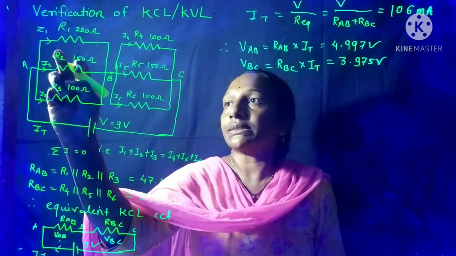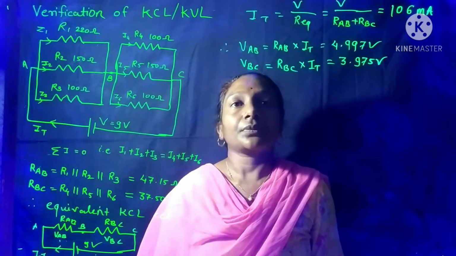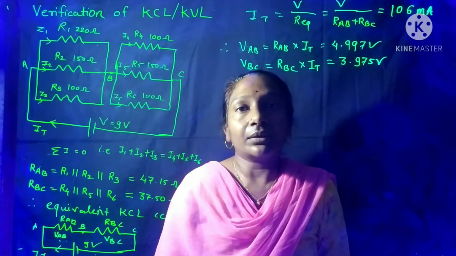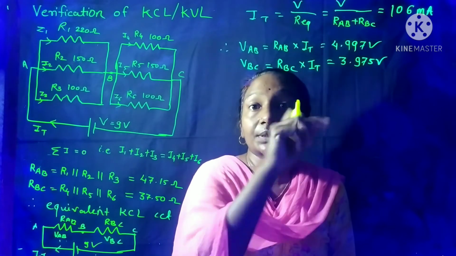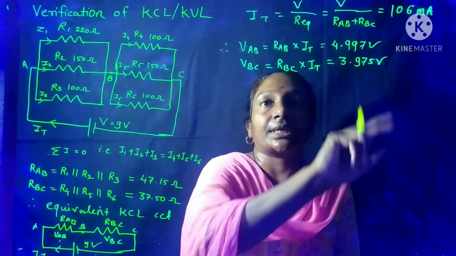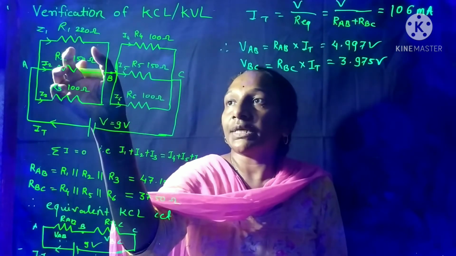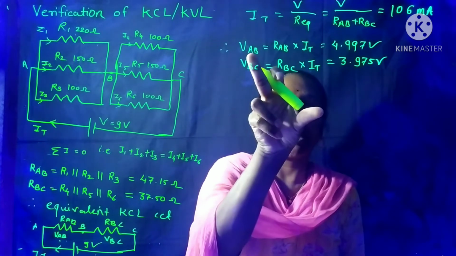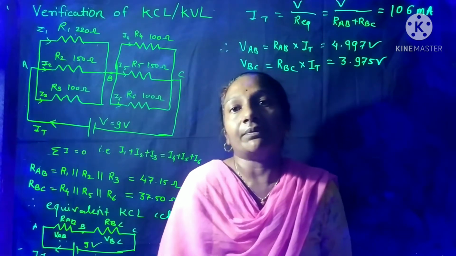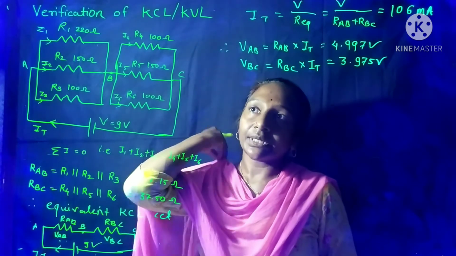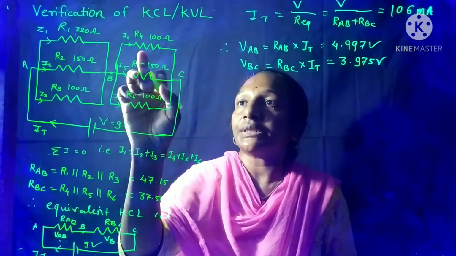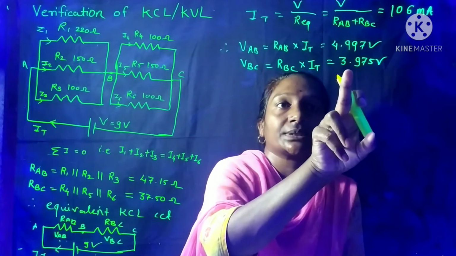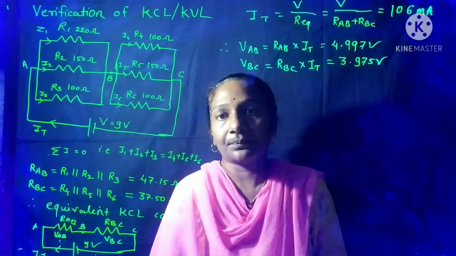Now we require the current flowing through these resistors. As we know, the current across the parallel branches is different and the voltage is the same. Therefore, the voltage across R1, R2 and R3 is equal to VAB, that means 4.997 volt, whereas the voltage across the resistors R4, R5 and R6 is VBC, that means 3.975 volt.